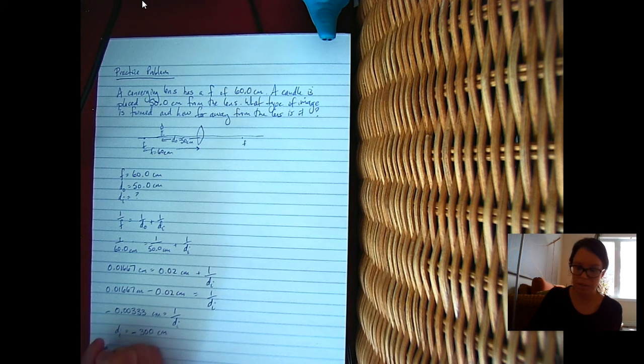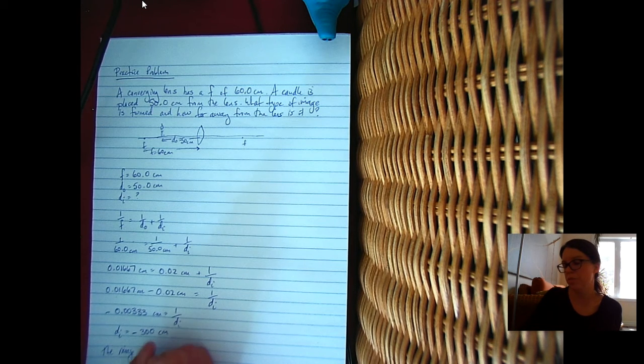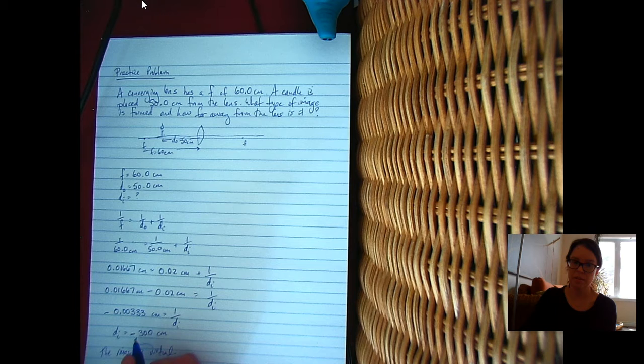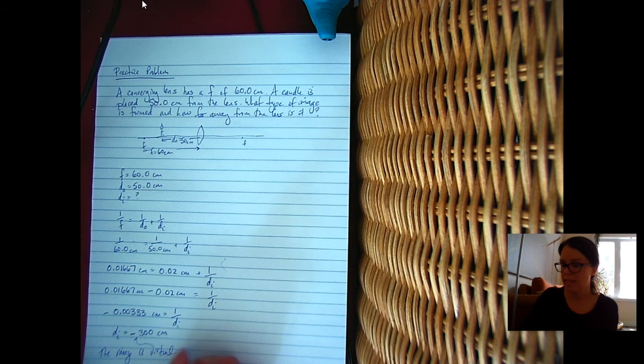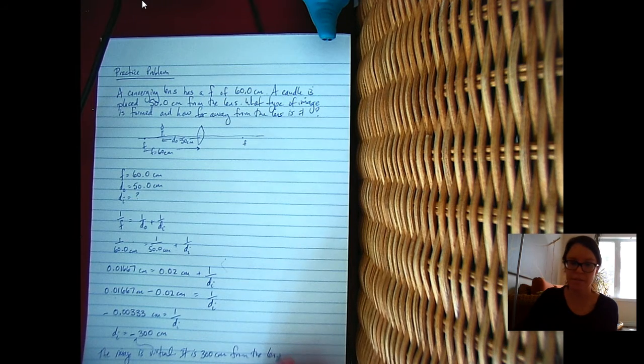The image is virtual. I know that because of this negative. That means it's on the same side of the lens as the object. Second part is how far from the lens it is. It is 300 centimeters from the lens.